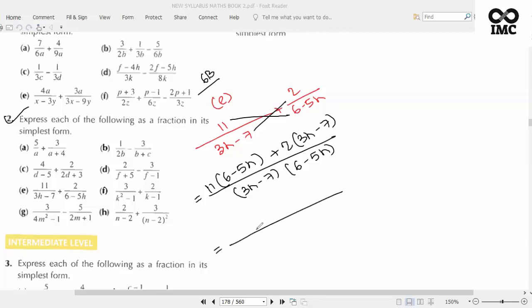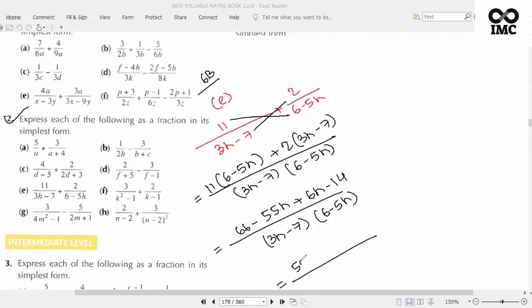Now 11 6s are 66 minus 11 5s are 55h plus 2 3s are 6h minus 14 divided by 3h minus 7 into 6 minus 5h. So 66 minus 14, that will be 52, minus 55h plus 6h will be minus 49h, divided by 3h minus 7 into 6 minus 5h.